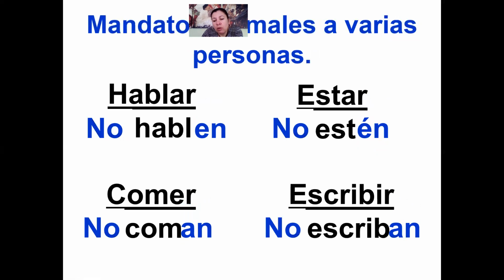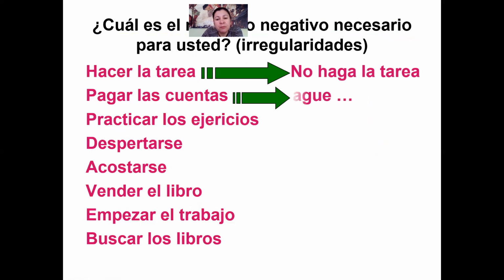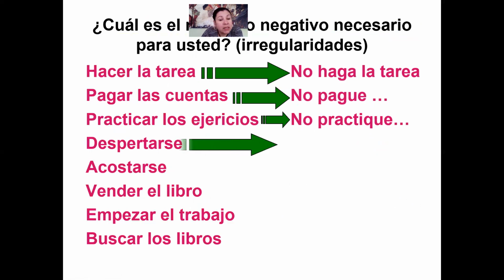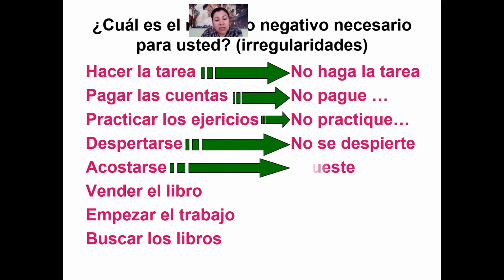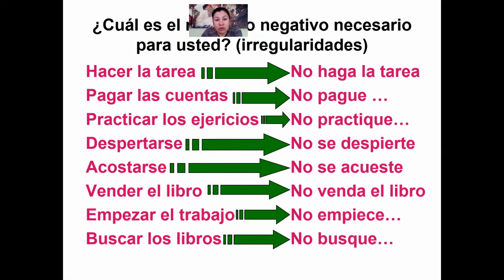When you address more than one person, the only difference is the letter N that we need: en for AR, an for the other groups. So no hablen, no estén, no coman, no escriban. And then they will be like that: no haga la tarea, no pague, no practique, no se despierte, no se acueste, no venda el libro, no empiece el trabajo and no busque los libros.